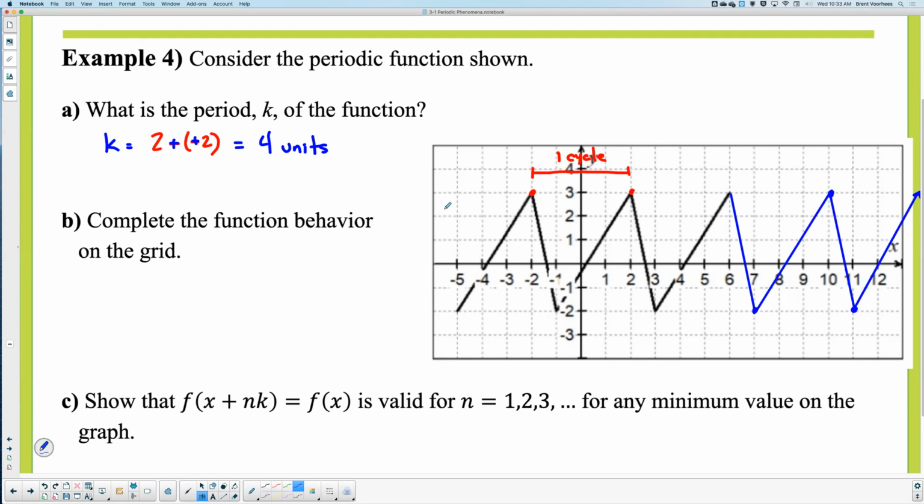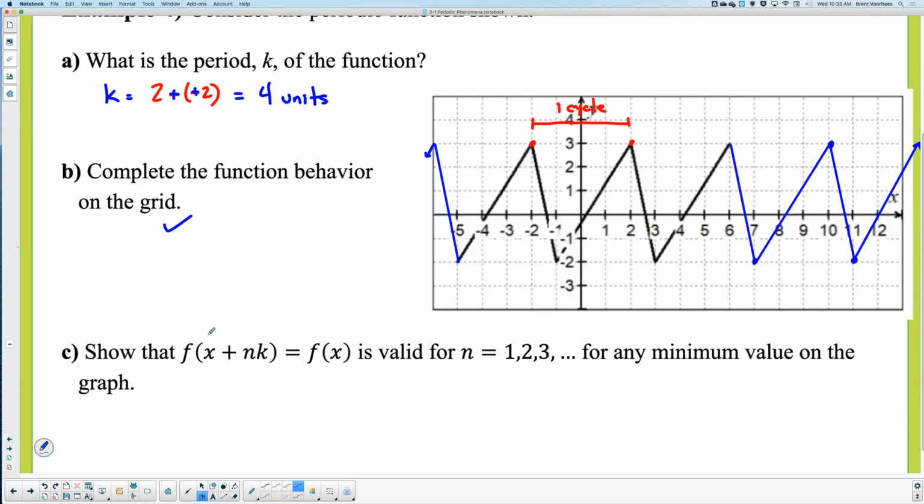And I guess over here, I could add this one in just to have a complete graph. Goes down 5 over 1, so I'll add that point in as well. That line. All right, we've completed the function behavior.